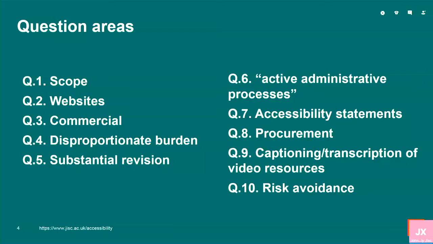Question 9 concerns captioning and transcription of videos and learning resources. In this day and age, automatic speech recognition tools are available for institutions to improve the accessibility of recorded learning resources, for example. And in practice, these tools have variable success rates.